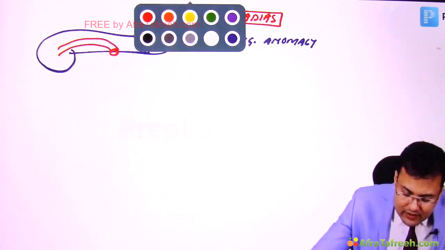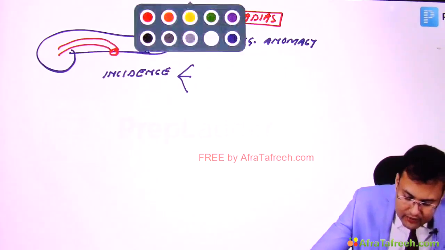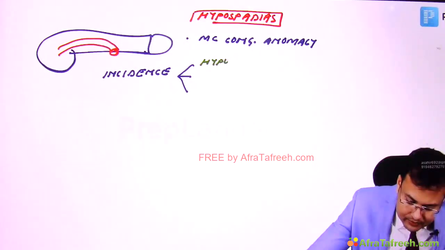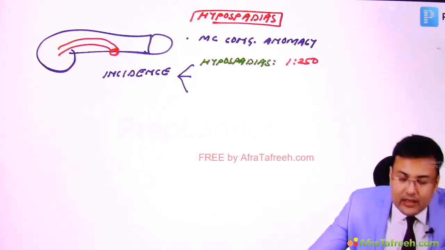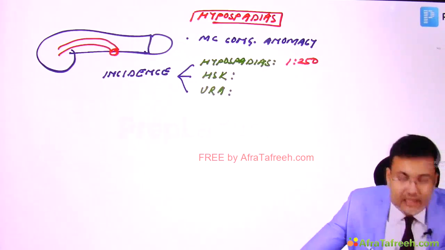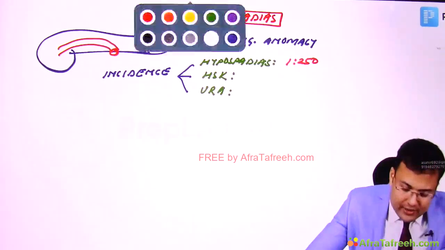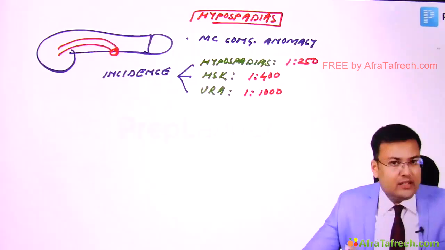See how common hypospadias is, 1 in 250. In horseshoe kidney it is 1 in 400, and in unilateral renal agenesis it is 1 in 1000.